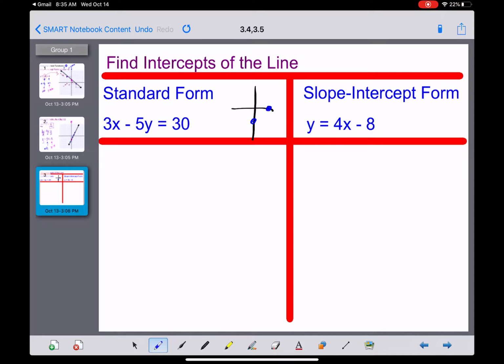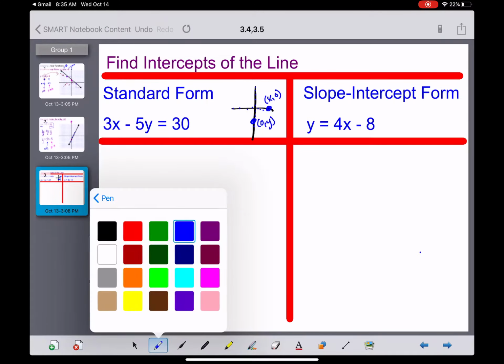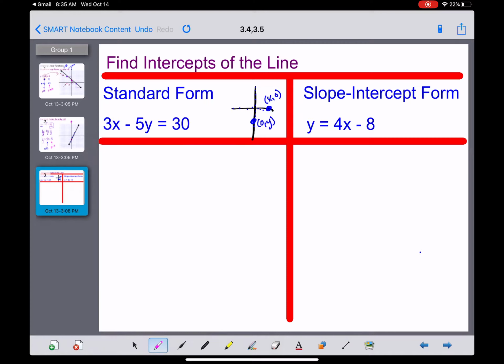No matter where I go along the x-axis, whatever coordinate I choose, the y value is always going to be 0 because I don't go up or down. Same is true with our y-intercept. Wherever I go along the y-axis, my x value is going to be 0 because it doesn't move left or right. So we want to use that information when solving for x and y intercepts.